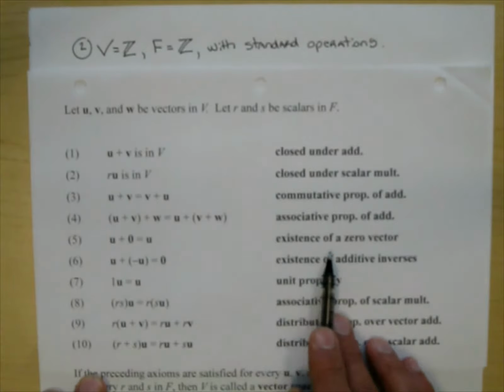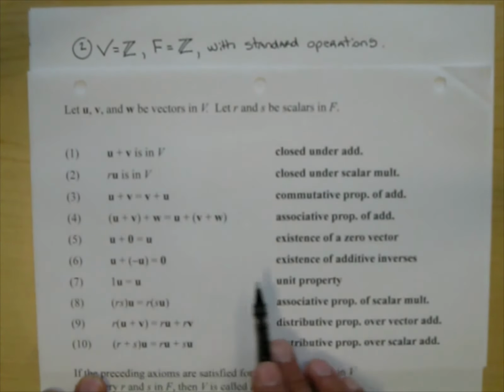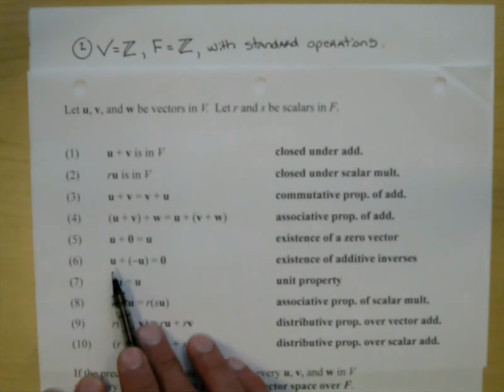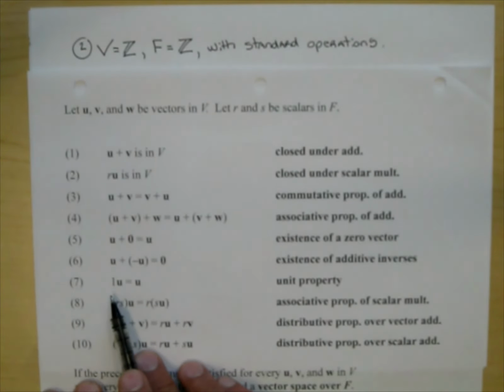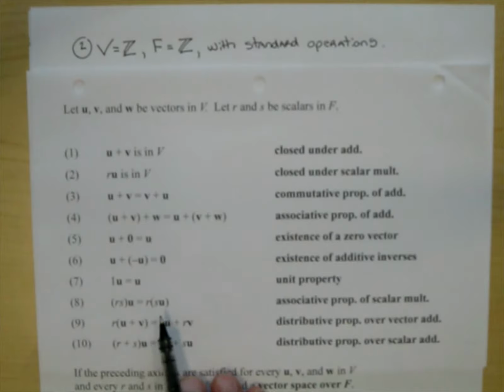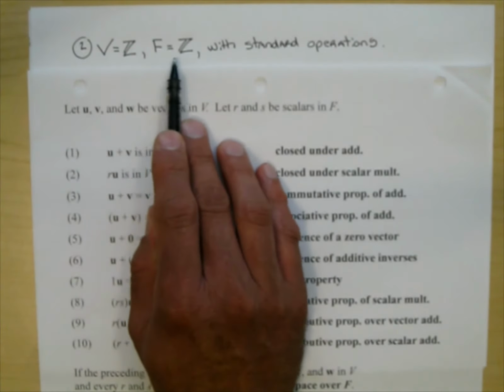Is there an existence of a 0 vector? Yes, that would be the number 0. Is there an existence of additive inverses? Like if I have an integer like 7, what is its additive inverse? It is -7. You add them together, you get the 0 vector, which is just the integer 0. The unit property, 1 times any integer is just itself. The associative property of scalar multiplication, well, all 3 of these things are integers because we said the vectors are integers and the scalars are integers.